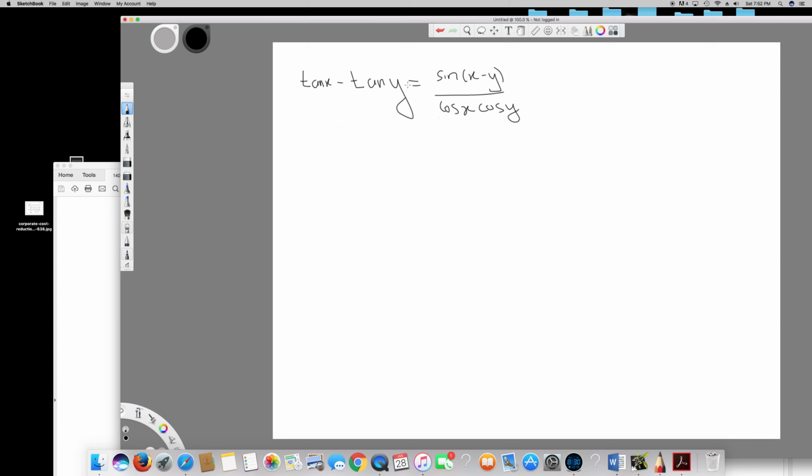From this we have to prove that the left hand side is equal to the right hand side. I'm going to take the right hand side in this case. The right hand side is equal to sin of x minus y over cos x cos y.